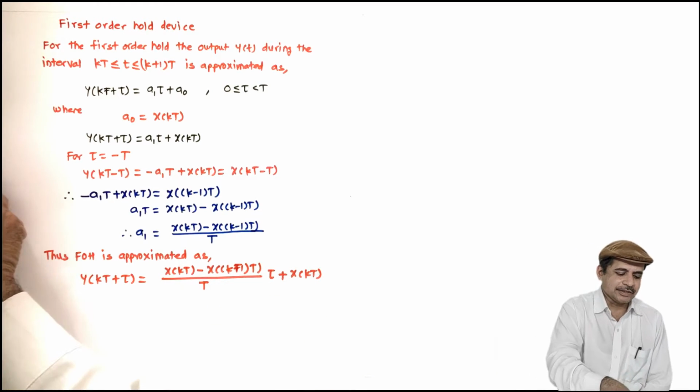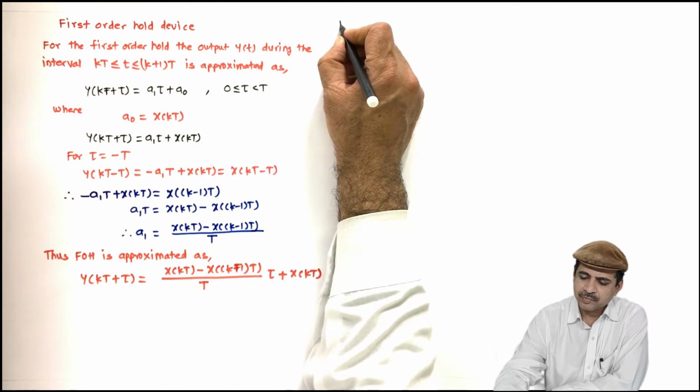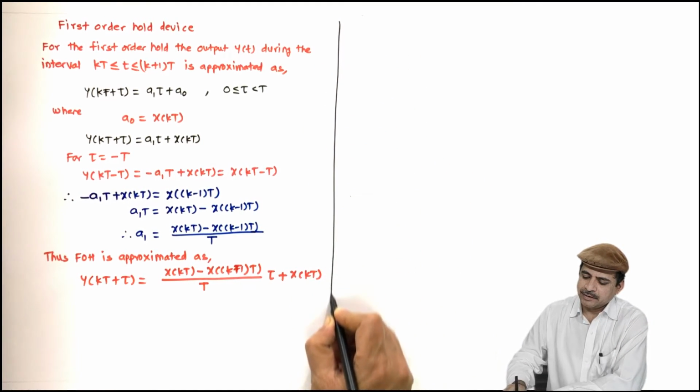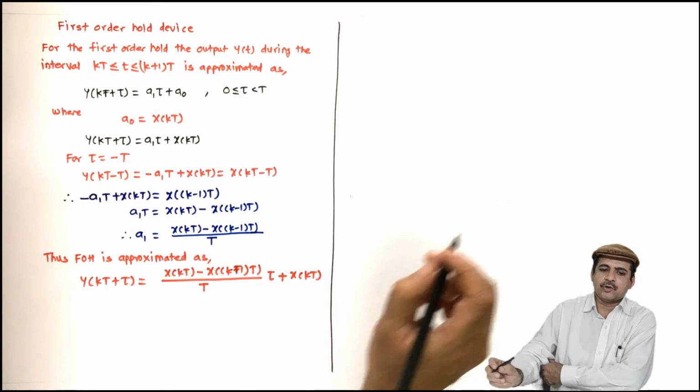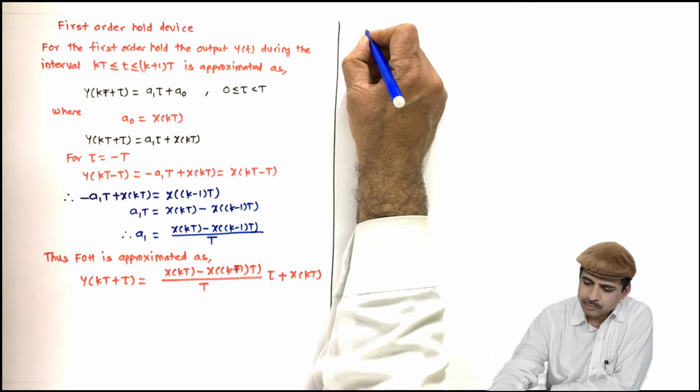Now what I will do, I will consider one signal x of kT, and for that I will get the output y of kT.